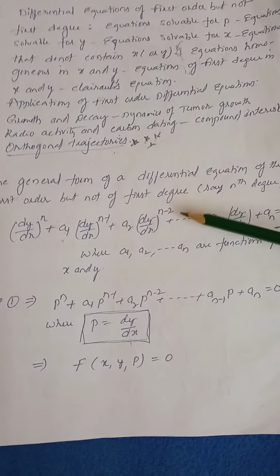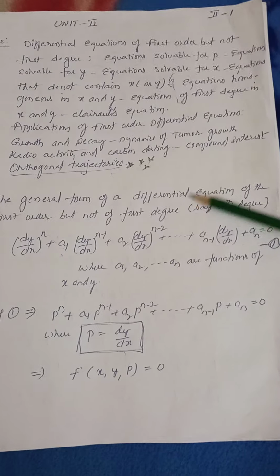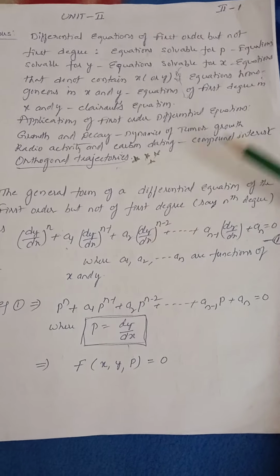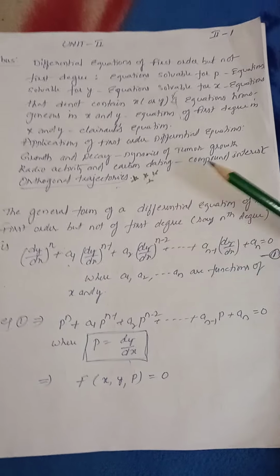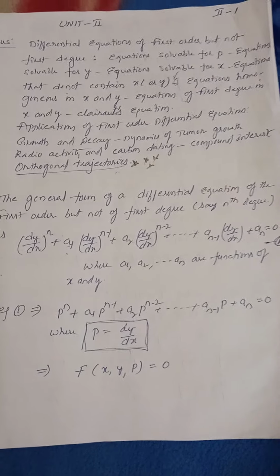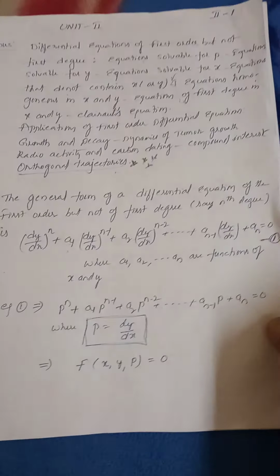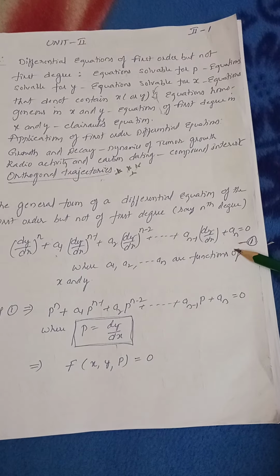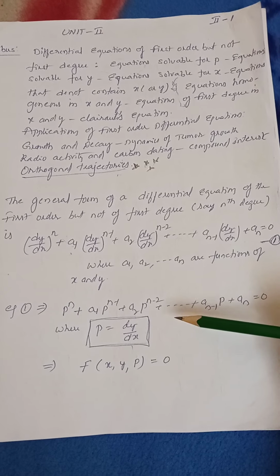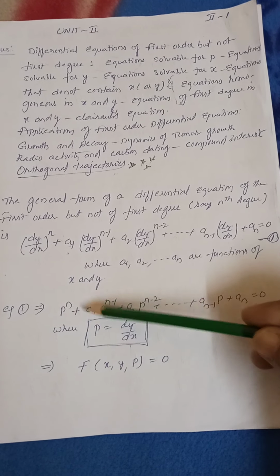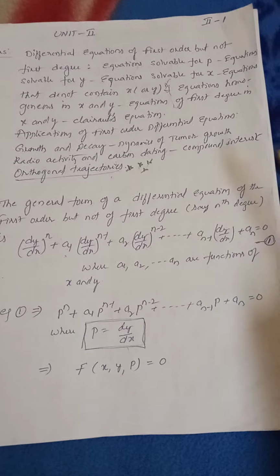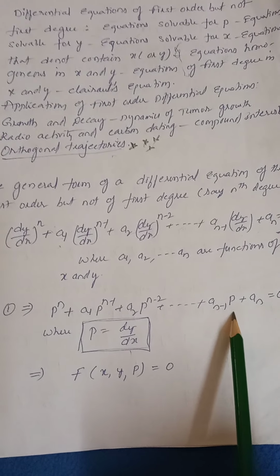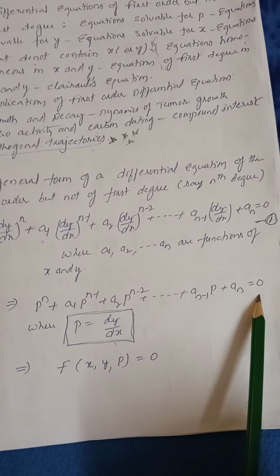Now how to solve this type of equations? There are three standard methods: one is solvable for p, the next is solvable for x, and the next is solvable for y. There are three major types. This equation, which I am calling equation 1, I am rewriting as p power n plus a1 into p power n minus 1 plus a2 into p power n minus 2 plus and so on, plus an minus 1 into p plus an is equal to 0.